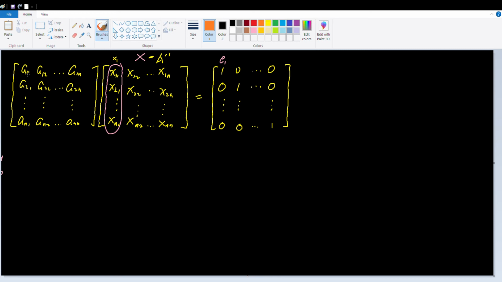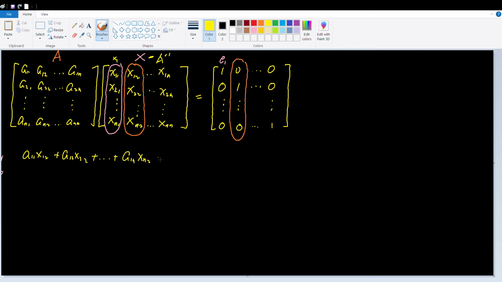So multiply again every row of A to the second column of X, and it will result to the entries along the second column of the identity matrix. So A11 times X12 plus A12 X22 plus and so on and so forth plus A1n Xn2 equal to the first entry, which is 0.